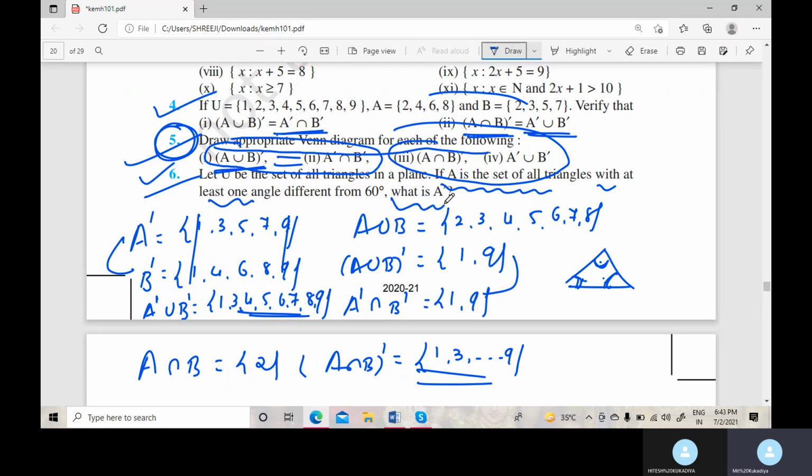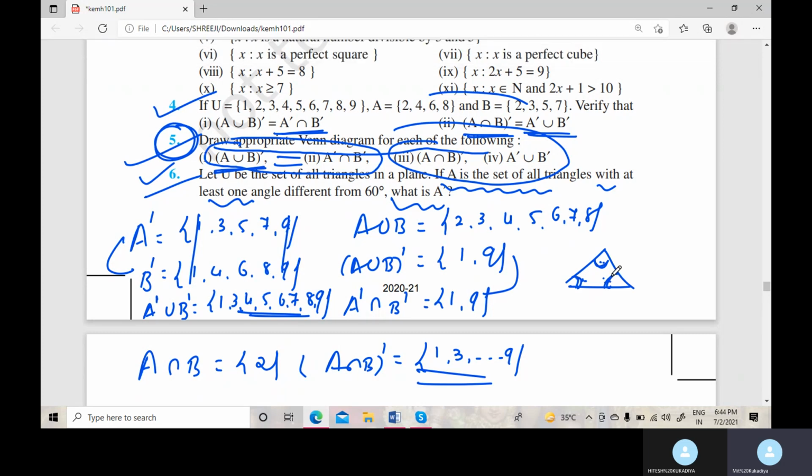So what about the complement, A dash? Think about this question. A dash is: all the angles are 60, because our question is one angle different from 60, two angles different from 60, otherwise all three angles different from 60.